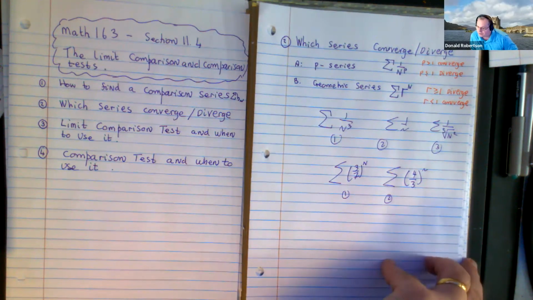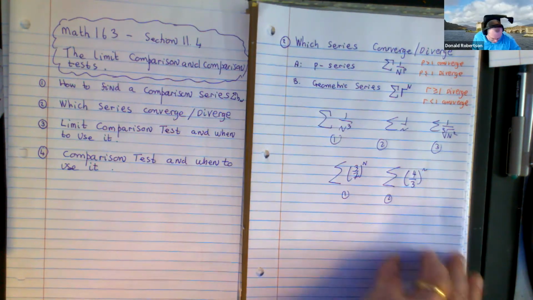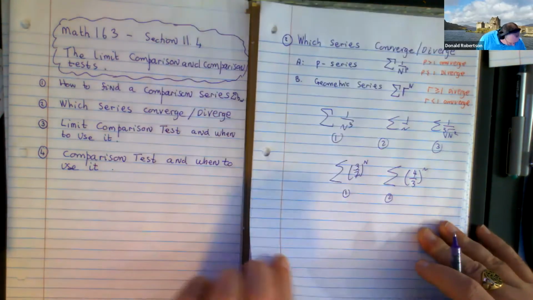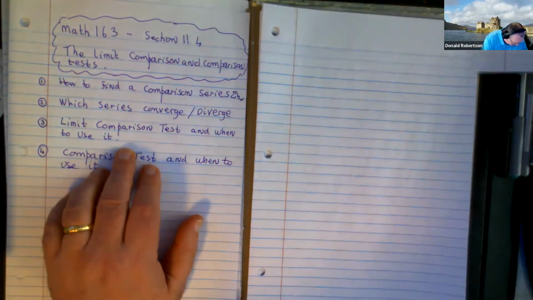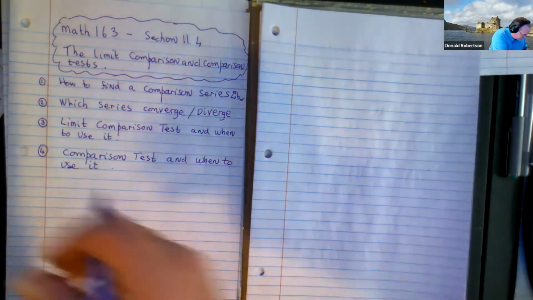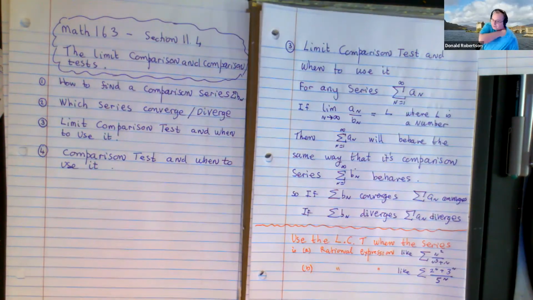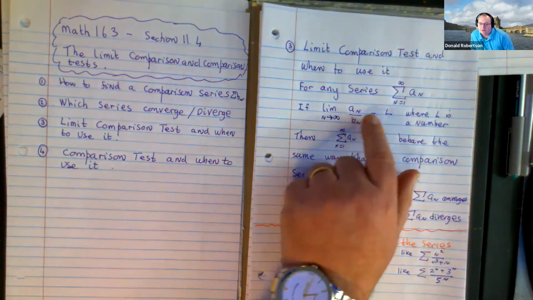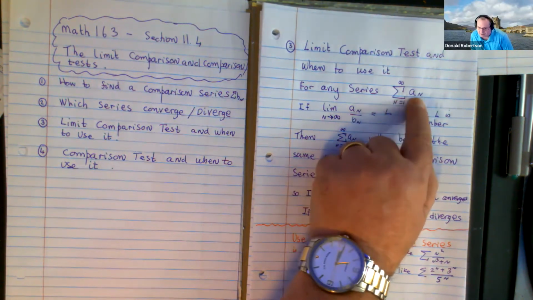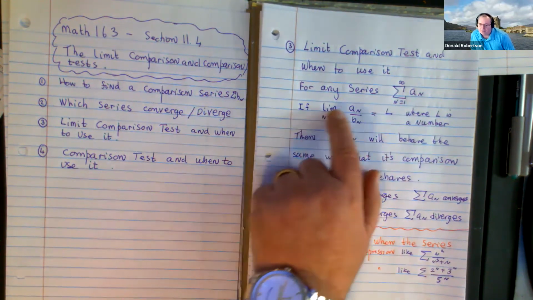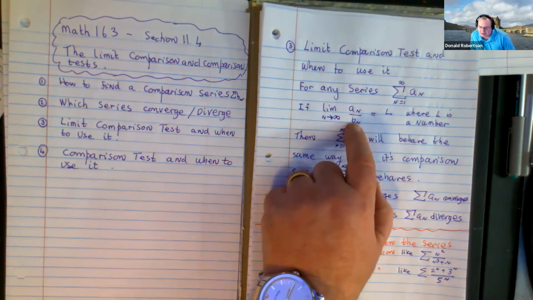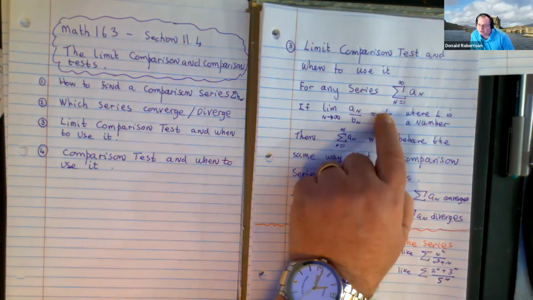So far, so good? Right, now, moving on to step 3, and that is the limit comparison test itself. This is the whole process. And it says the following. For any series, sigma an, if the limit of an divided by bn equals a number, right? So it's not allowed to be 0. 0 doesn't count as a number.